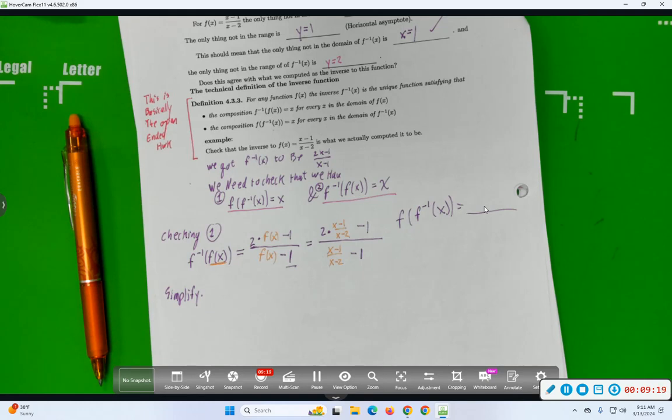Let's focus on this. If you just look in the numerator of that big fraction, I see a fraction minus 1. Whenever you see a fraction minus 1 and you want to simplify it, you need to get a common denominator. That way you can subtract fractions. And then do the same thing in the bottom. So let's get some common denominators.